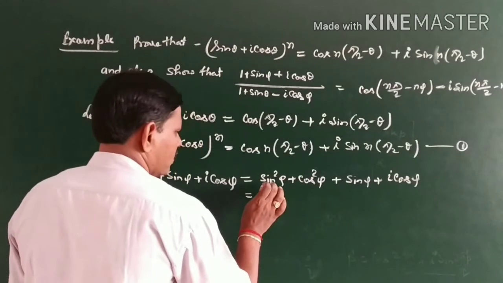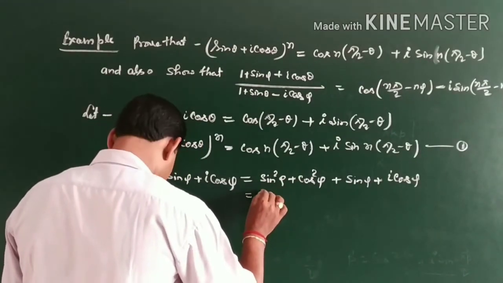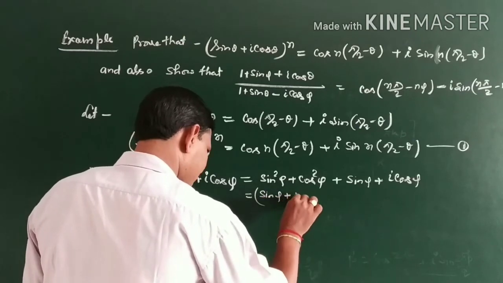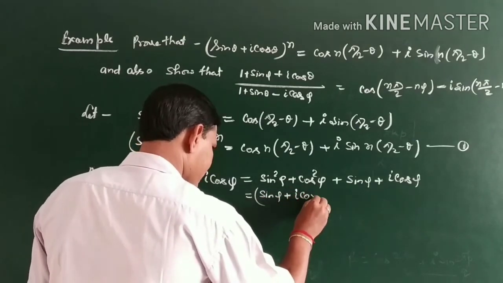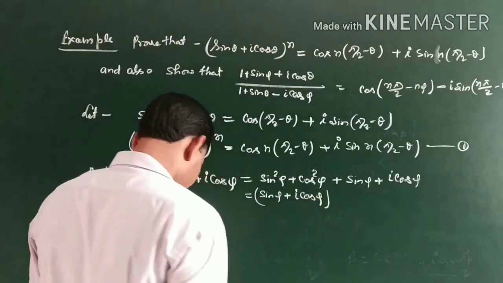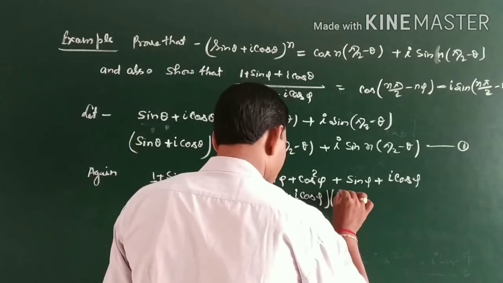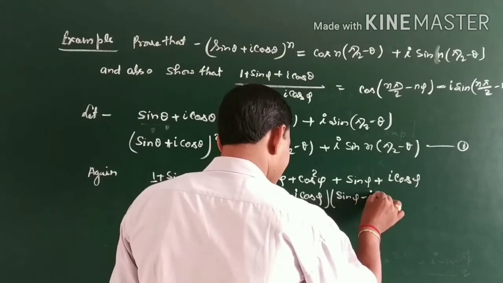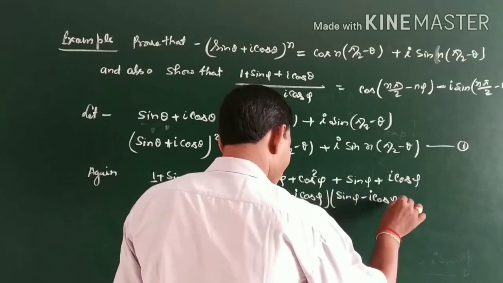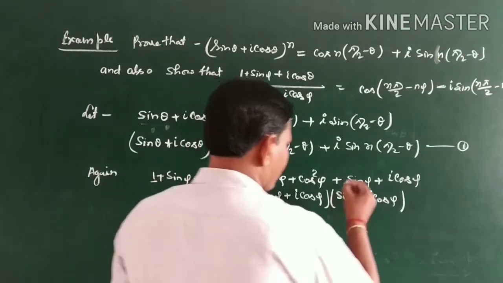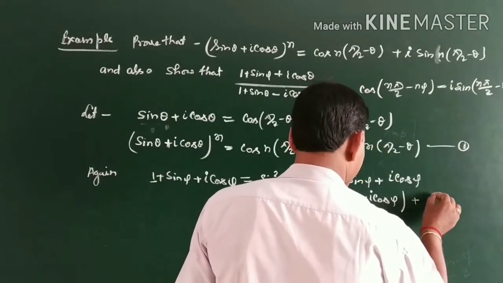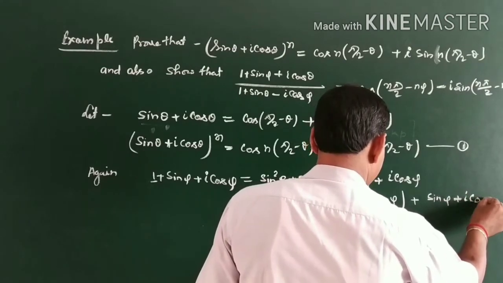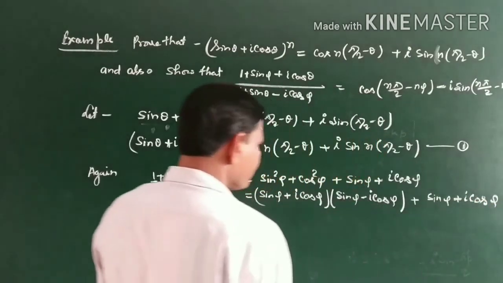Now this can be written as (sine phi plus I cos phi) into (sine phi minus I cos phi) plus (sine phi plus I cos phi).